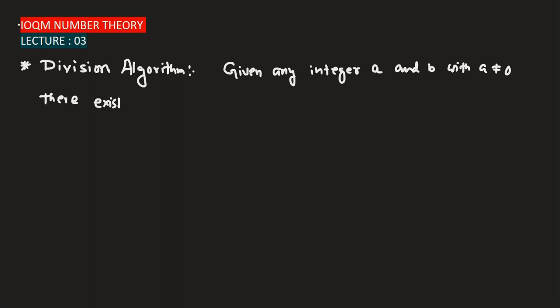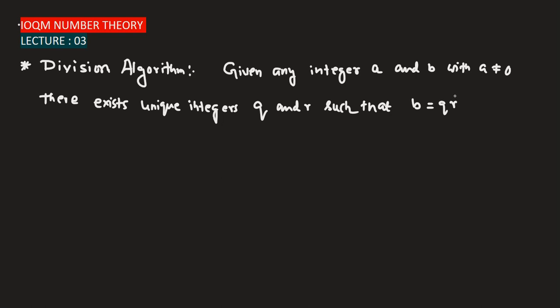In the division algorithm, the statement is like this: given any integers a and b, with a not equal to 0, the divisor is not equal to 0, there exist unique integers q and r such that b is equal to qa plus r.